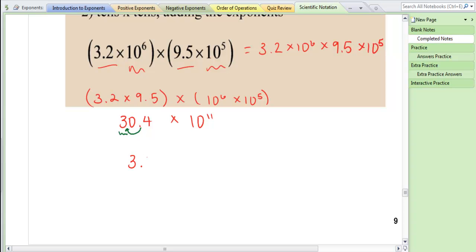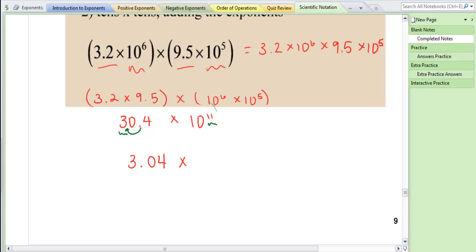So that becomes 3.04 times. Now you have to think about the exponent. Is it going to increase by 1 because we moved our decimal one place? Are we going to need it to increase or decrease? So let's think that through. We know that this is going to be a really big number because we have 10 to the 11th power, a positive exponent.